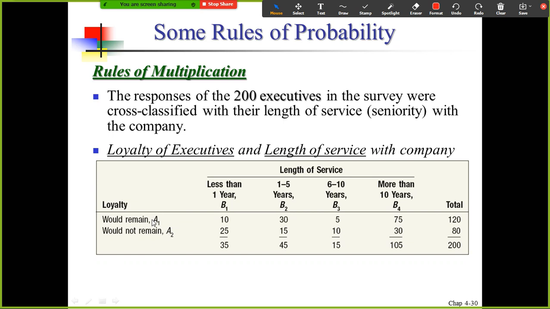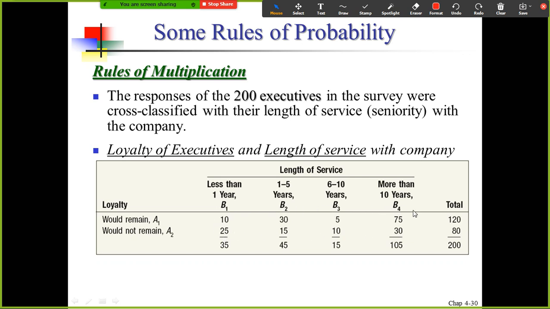That's why in this case we say A, the answer: remain in the company or not remain. Not remain means move to the new company. So A1 stands for stay or remain in the company. A2 stands for not remain, then move to a new company.